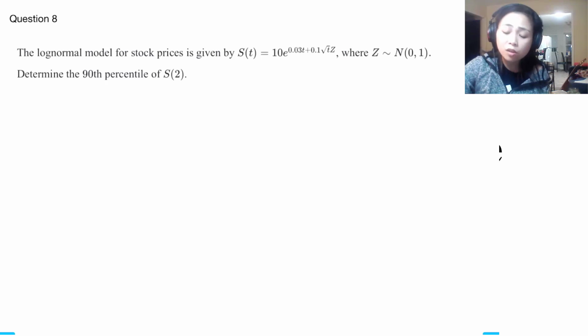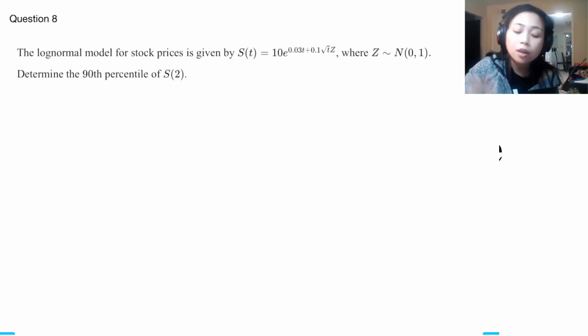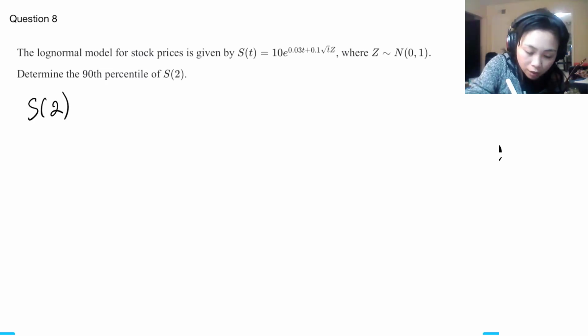So here the 90th percentile of z, right? We need to find, let's say if it is little z, let's say that. So we got this probability that z is less than or equal to little z is 0.9, right?